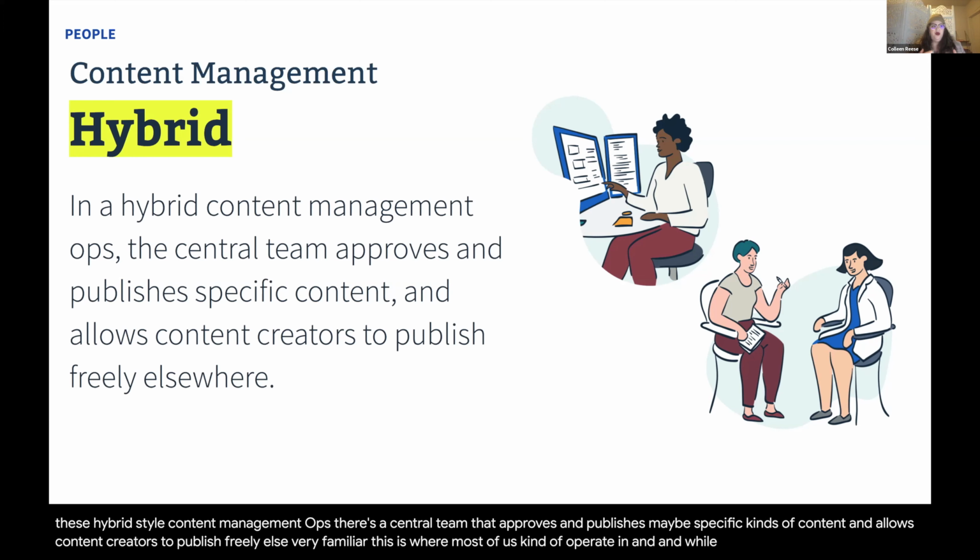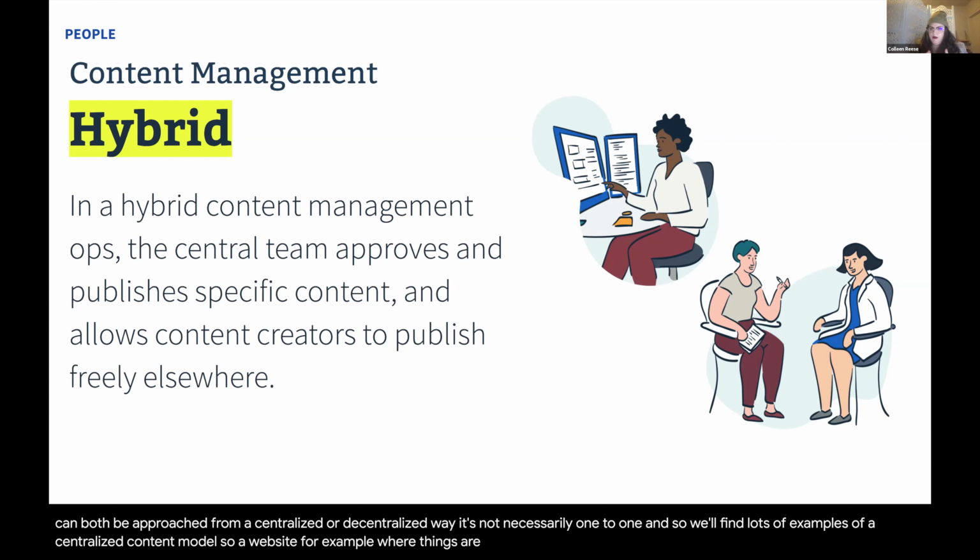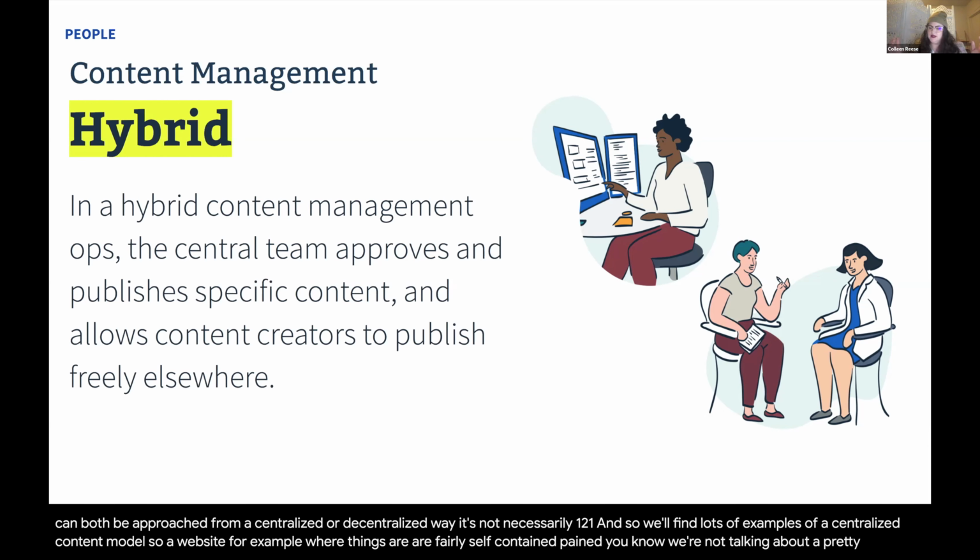And while both management and model can be approached from a centralized or decentralized way, it's not necessarily one-to-one. And so we'll find lots of examples of a centralized content model, so a website, for example, where things are fairly self-contained. You know, we're not talking about a grand scale here.